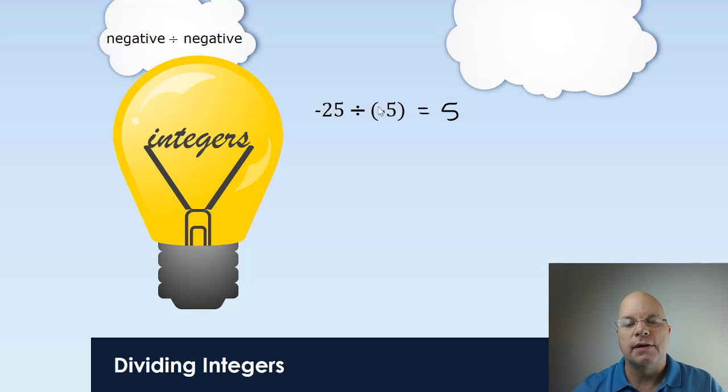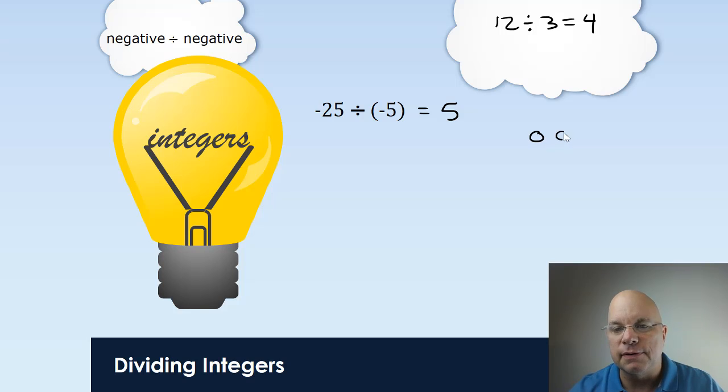Here's another way to prove that. Division means, okay, so if I have 12 divided by 3, that means how many 3's are in 12? There are 4 3's in 12. How many negative 5's are in negative 25? If this is negative 5, how many of those would be in negative 25?